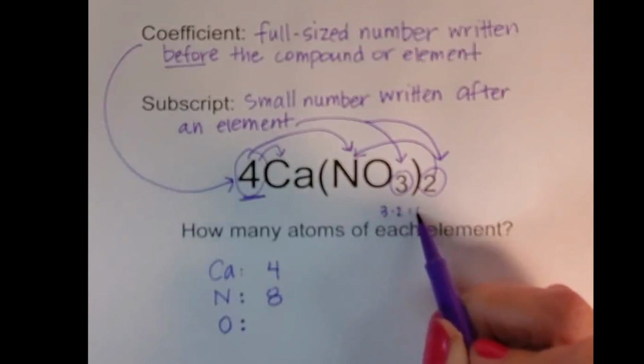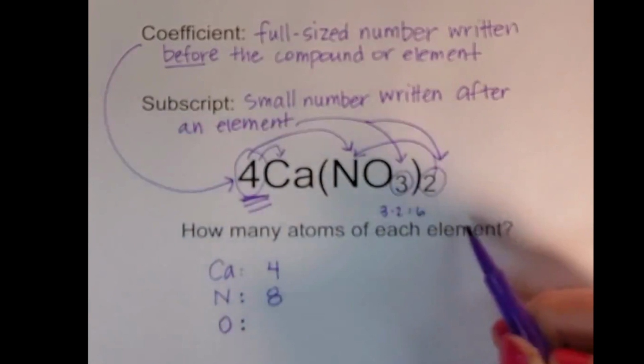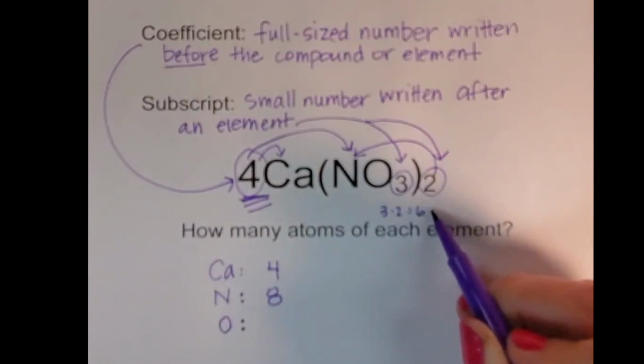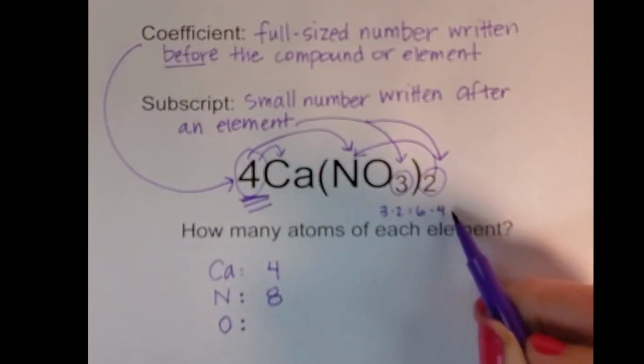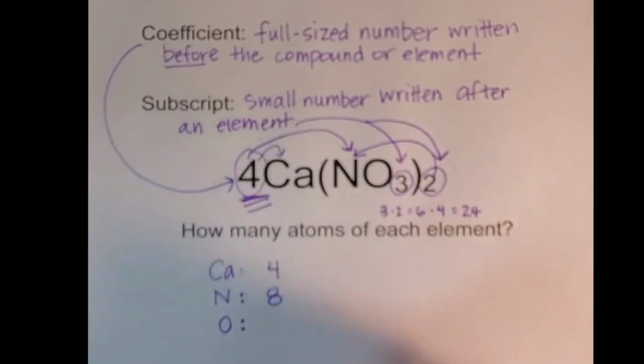For the oxygen, we have to take the 3, which is the subscript on the oxygen, and multiply it by the 2, which is outside of the parentheses that the oxygen is in, and then multiply that number 6 by the coefficient of 4. So we get 24 oxygen.